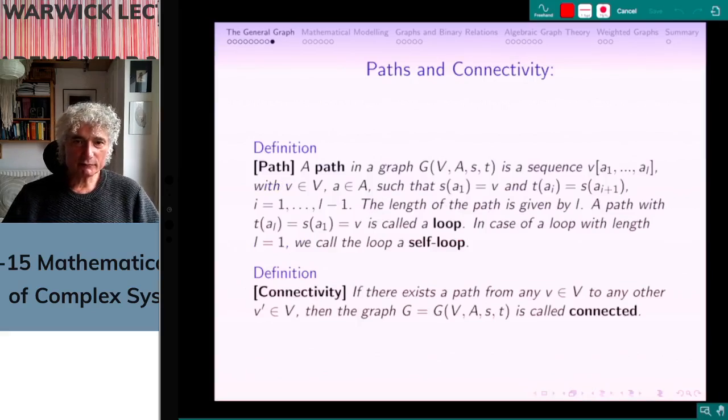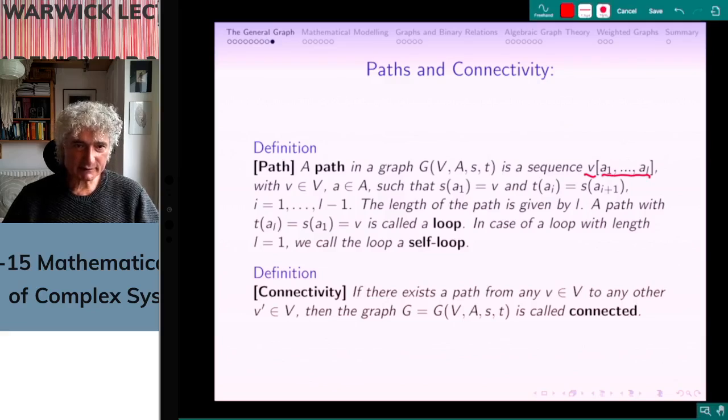Okay, now just some further definitions, and that is about paths and connectivity. You will see this is very analogous to basic topological features of, for example, sets in Rn. So what is a path? A path in a graph is a sequence which starts at a certain vertex V, and then goes through a sequence of arrows from A1 to AL.